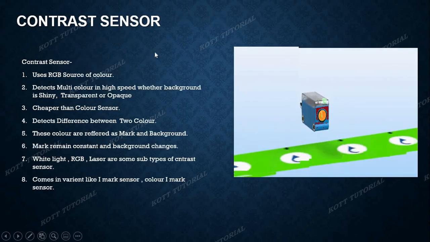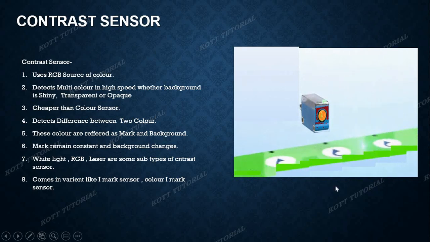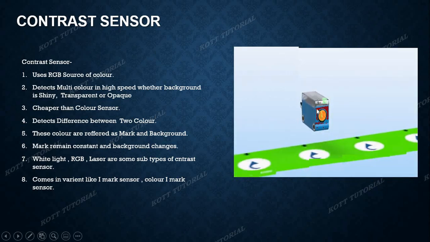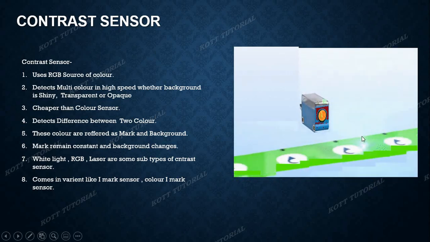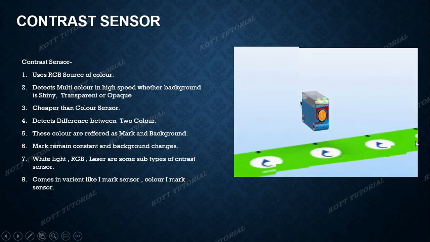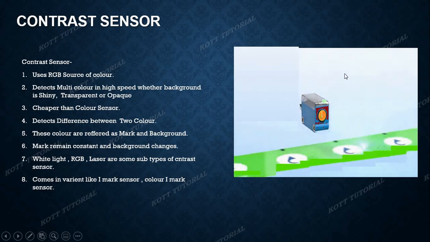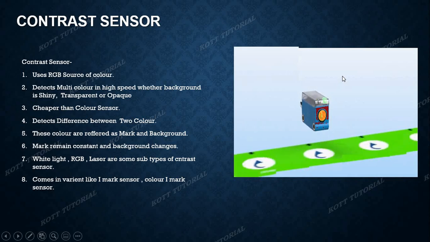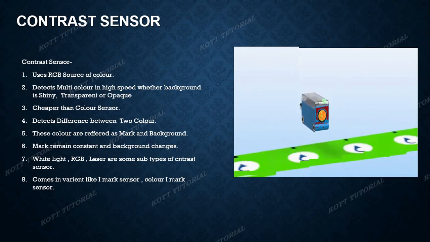Contrast sensor. See, in this GIF image we can see a sensor, a film or a foil, and a black mark on this foil. This sensor is detecting this black mark. After that, this foil is cut in a particular pattern after the detection of this mark. So this type of sensor we mostly use for the bottling line.